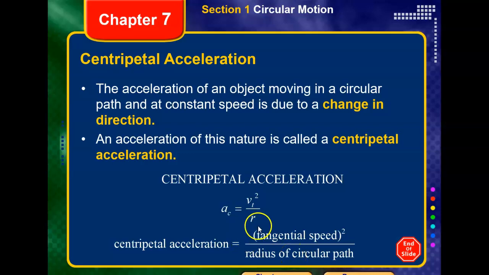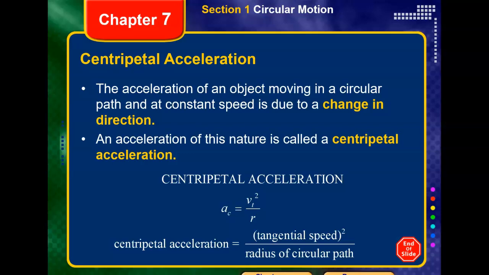As your radius increases, your acceleration decreases. They're inversely proportional. However, if your tangential velocity increases, your acceleration increases by that increase squared. So when you increase your tangential velocity, your centripetal acceleration goes up really quickly.